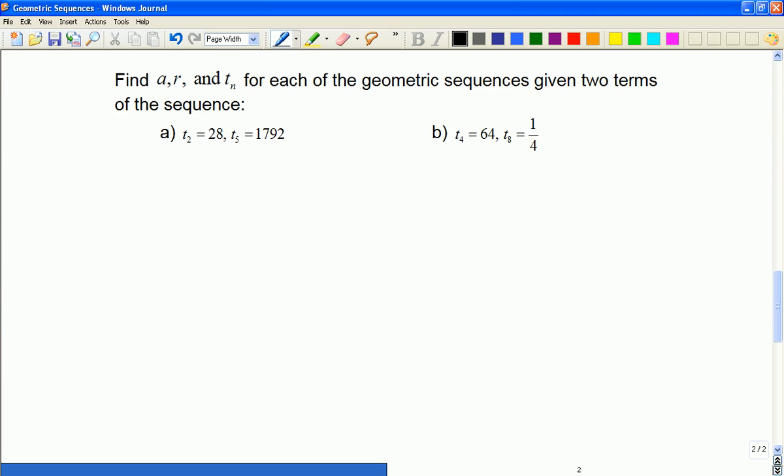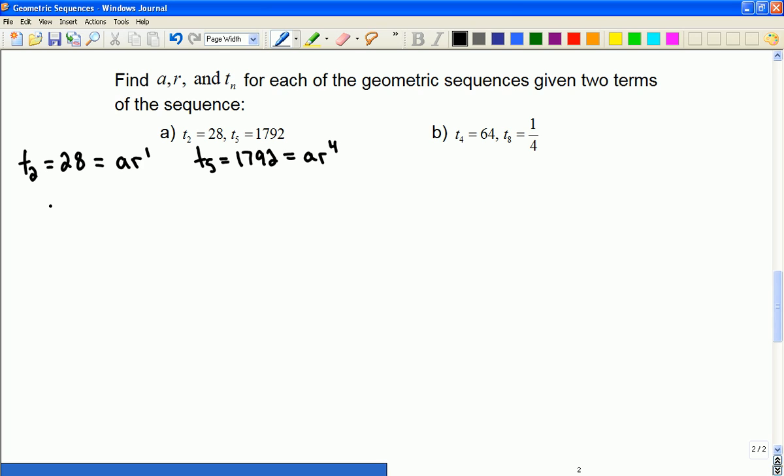So the trickiest thing that you're going to have to do is reconstruct a sequence from two terms. The first time, I'll show you the strategy. I know that term 2 is 28, and I also know that 28 is the common ratio times A applied one time. I also know that term 5 is 1792, which is the common ratio applied 4 times to the first term.